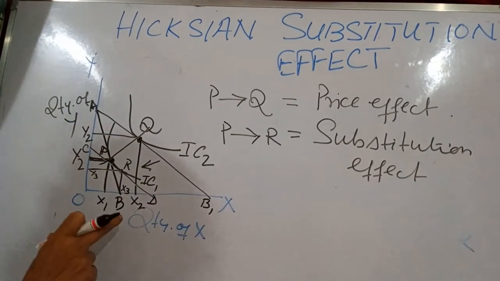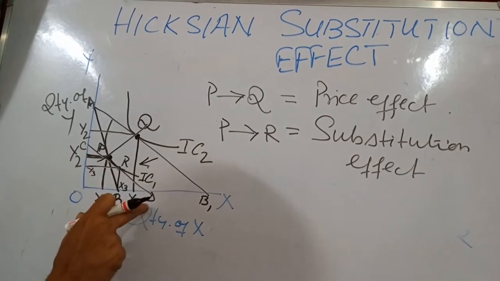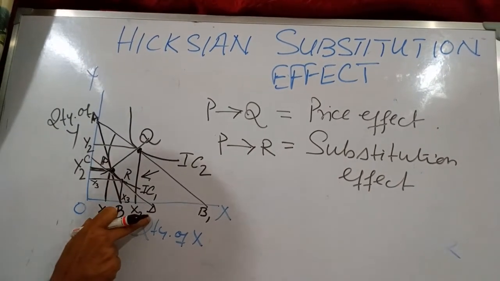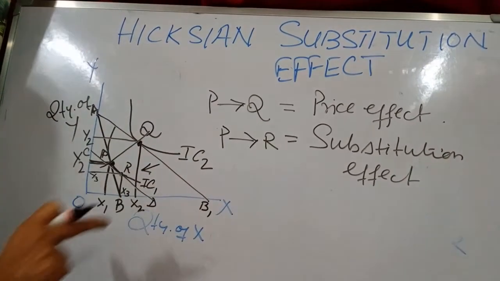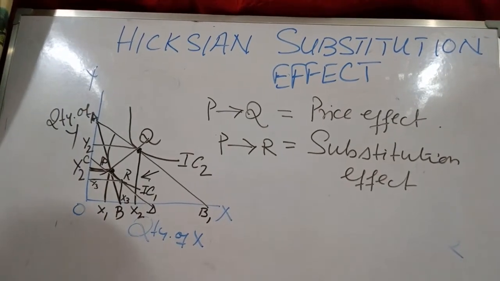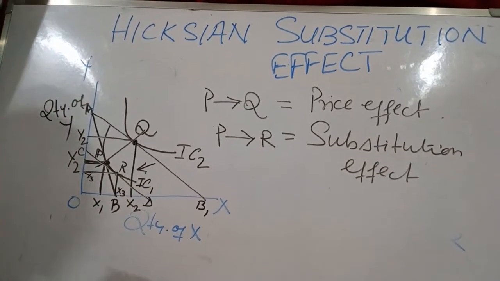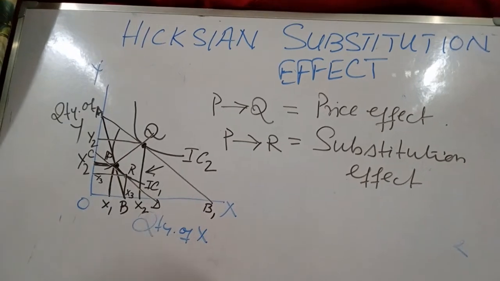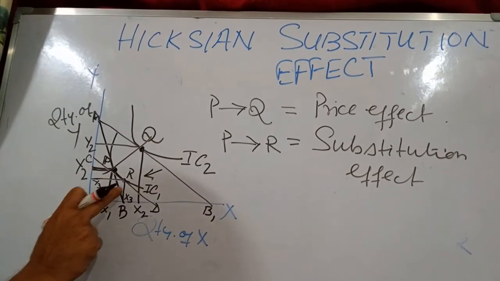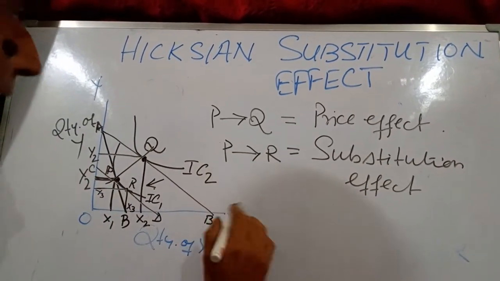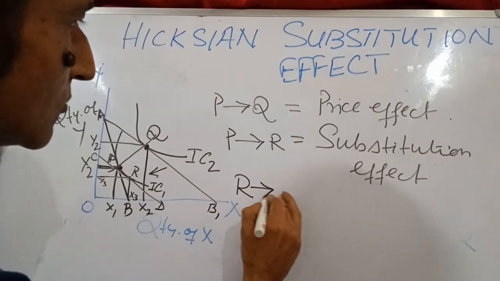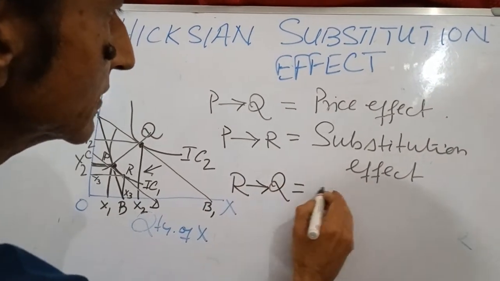There is no increase in his real income on this budget line. Still the consumer is purchasing more because X has become relatively cheaper compared to Y. So P to R is substitution effect and R to Q is income effect.